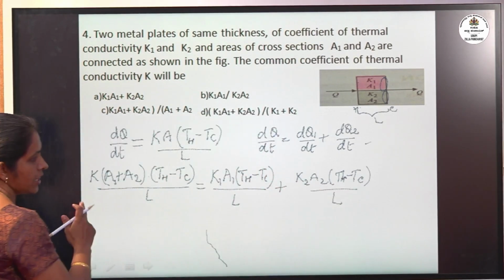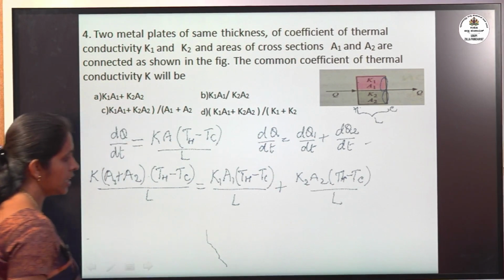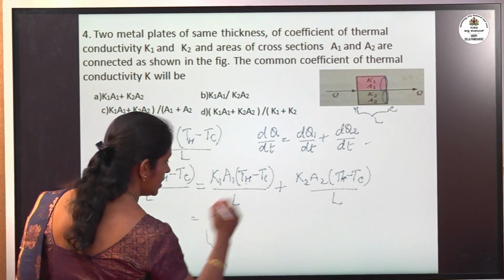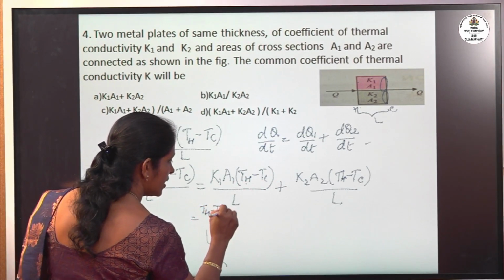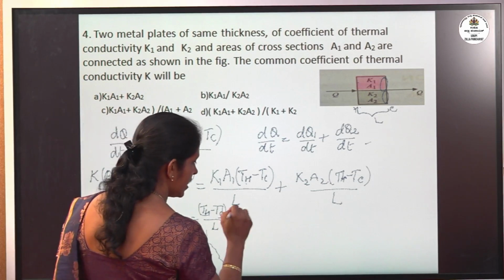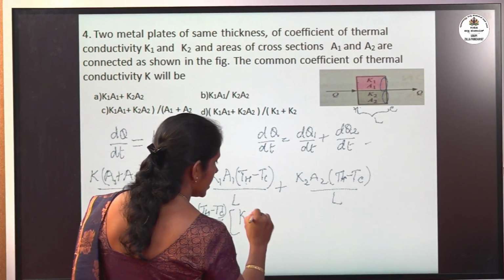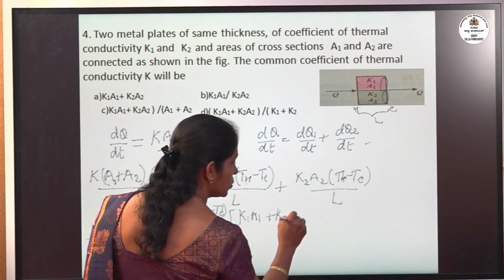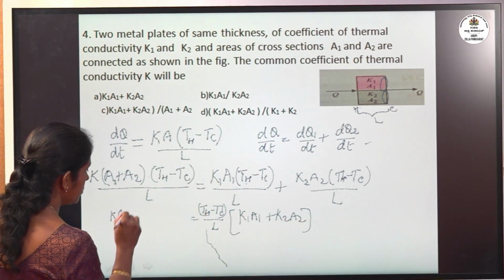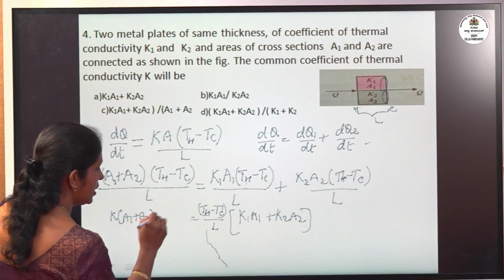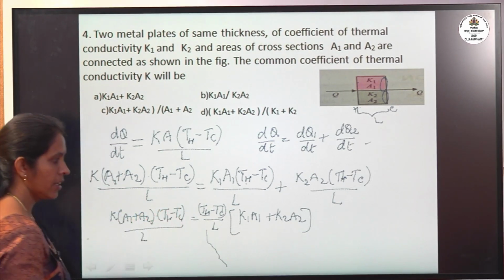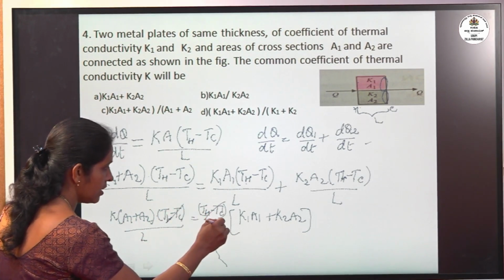From this equation, we can cancel some of the common terms. Here L is common. Take L outside the bracket. Th minus Tc, the temperature difference between hot end and cold end, is also common. Take these two terms outside the bracket, leaving K1A1 plus K2A2. In the LHS we have K into A1 plus A2 into Th minus Tc divided by L. Cancel the common terms.